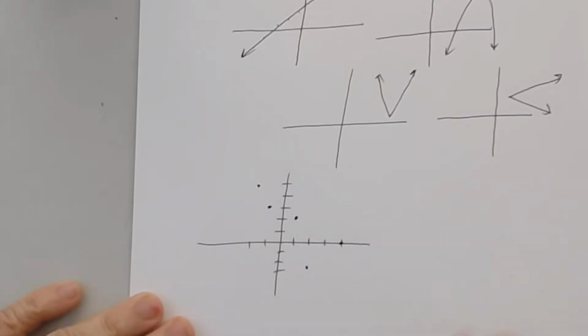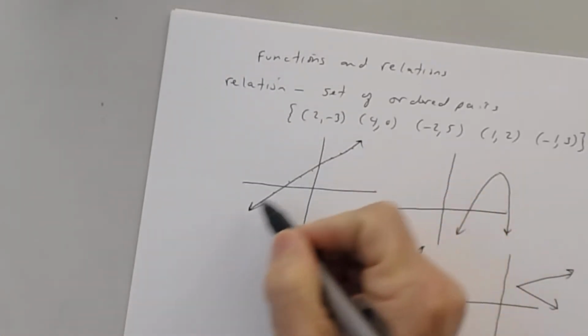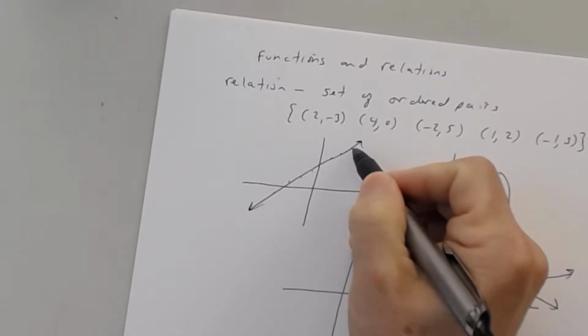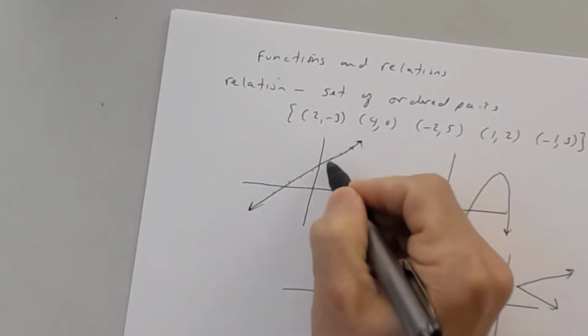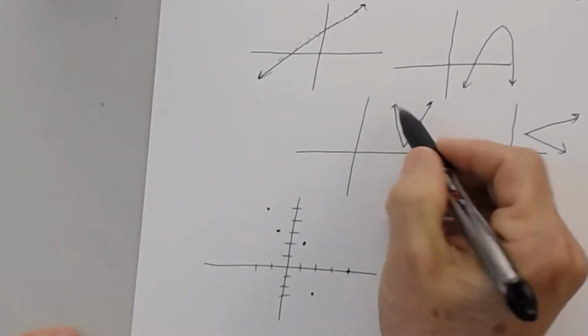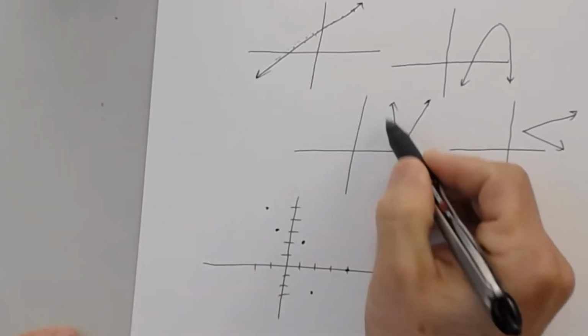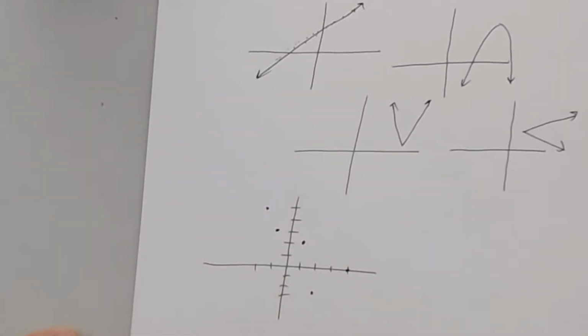Right here. So notice that this relation right here has how many ordered pairs? No. An infinite number. All these are ordered pairs, right? How many are there? Infinite number. This has how many ordered pairs? An infinite number. This relation right here has how many ordered pairs? 5.